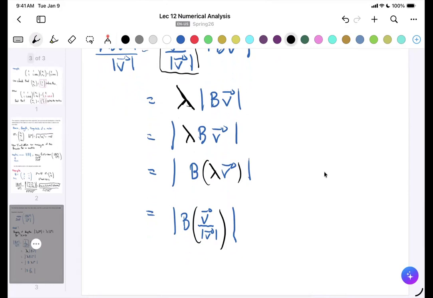But what can you say about a vector divided by its length? It had a name that starts with the letter U. A unit vector, yeah. So this vector has length 1.